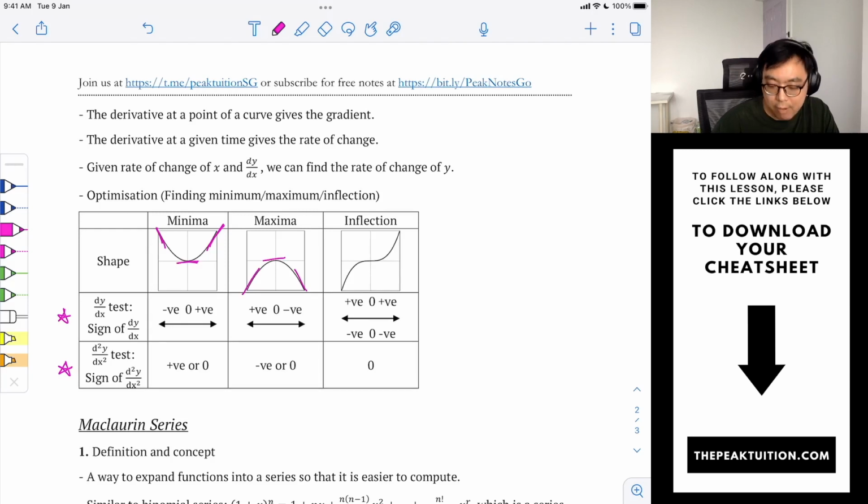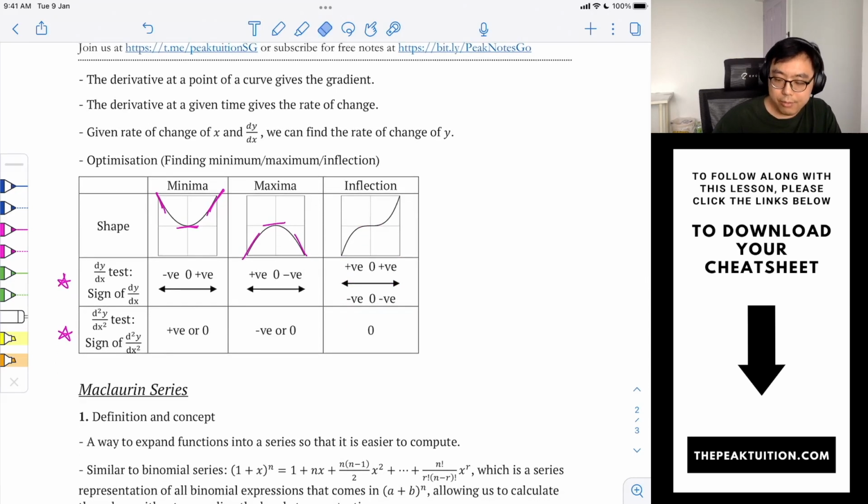In the case of an inflection point, it will be positive, 0, then positive, or in the other case, because remember, there are two types of inflection point, the derivative will be negative, 0, and then negative again. Okay, so that's why there are two things here, because there can be two types of inflection points.